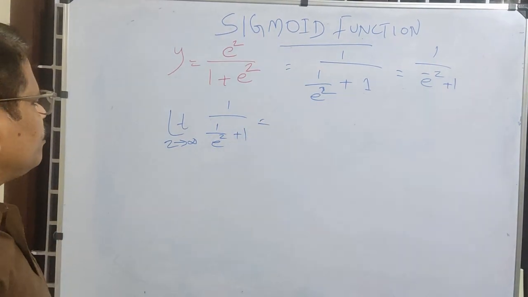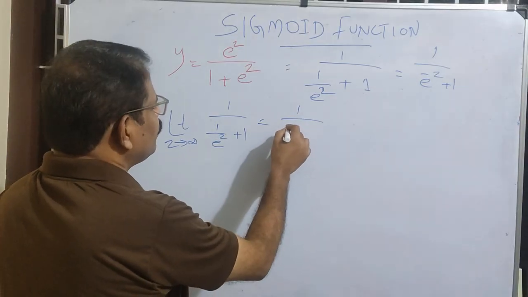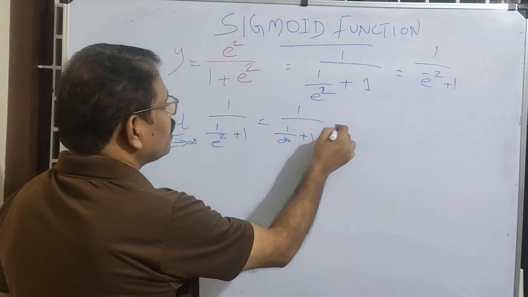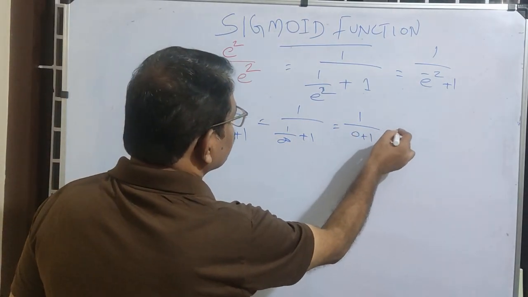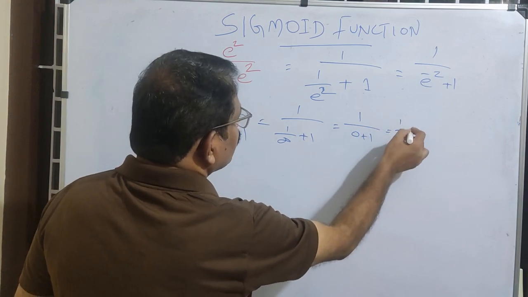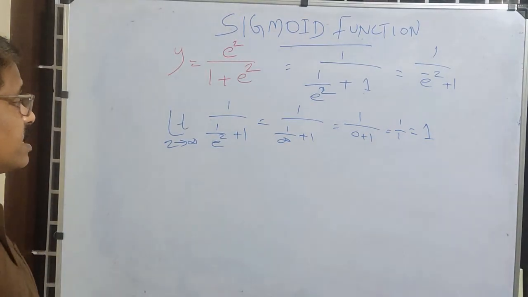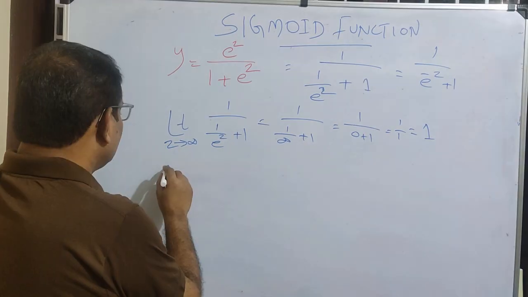When z tending to infinity, this will become 1 by infinity plus 1. You know, 1 by infinity is 0, so it is 0 plus 1, which is 1 by 1, equal to 1. When z tending to infinity, the sigmoid function will give 1.